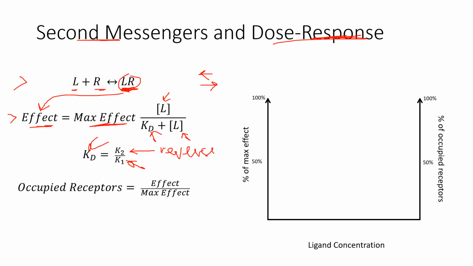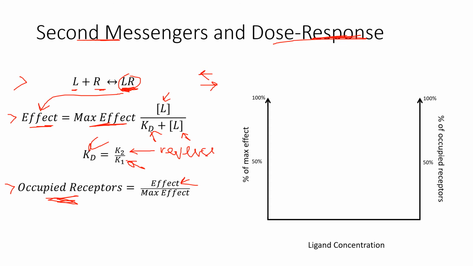And then the third equation describes that the number of occupied receptors is proportional to the max effect, and this determines the observed effect.